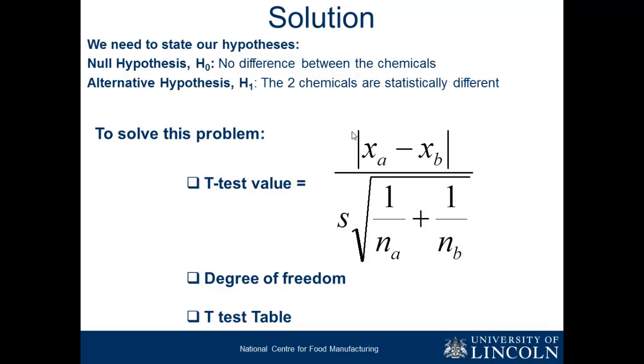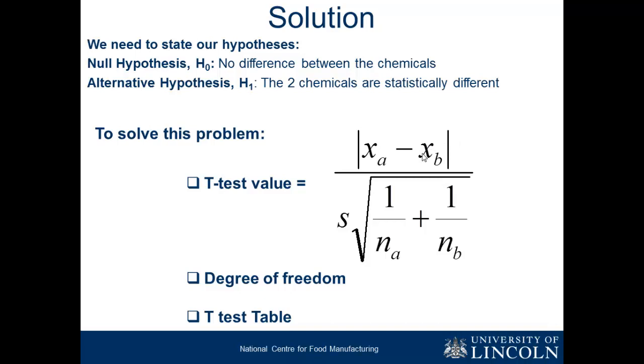The second thing we need to know is the formula to calculate our t-test value. Don't be intimidated by this formula. All we are seeing in this formula is the mean of A minus mean of B, the average value of A minus the average value of B, and then this sign you see here is called the absolute value. You are interested in the absolute value, not the negative number.